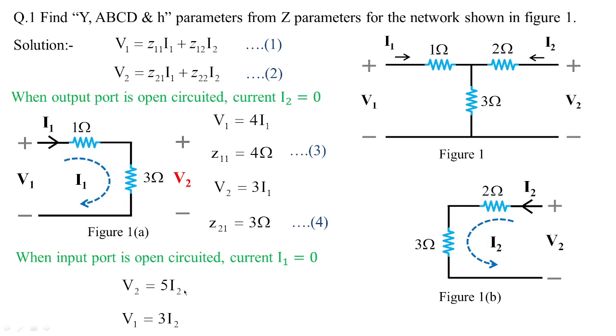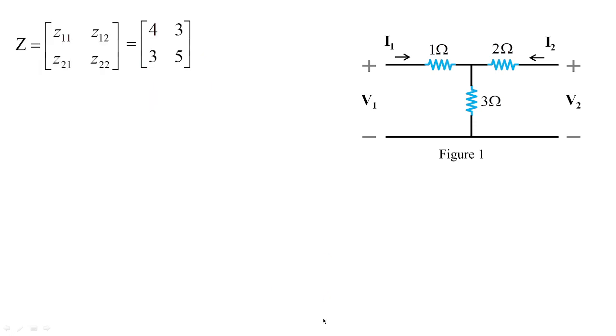And as I told you, V1 is the voltage across 3 ohms, so V1 is equal to 3 I2. With these two, I can easily obtain the output impedance Z22 as 5 ohms, which is equation 5, and the transfer impedance Z12, which is 3 ohms. With equations 3, 4, 5, 6, let me frame the Z parameters. So the Z parameters are obtained as 4, 3, 3 and 5.